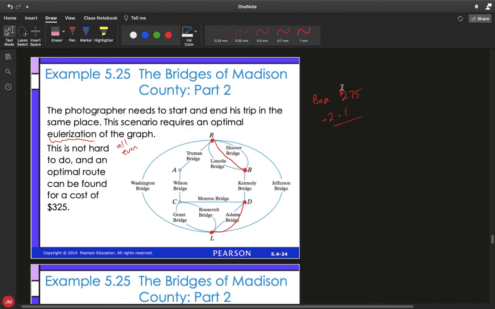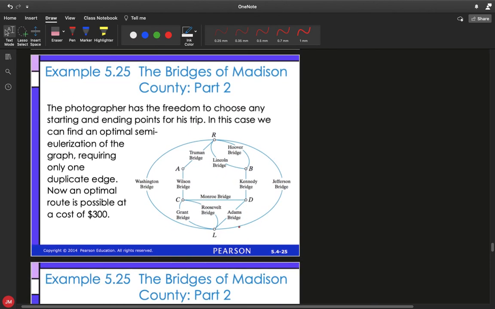If you add 2 multiplied by 25, which is 50, then you're going to come up with a total cost of $325 for an optimal route. So obviously this photographer is going to have to go over the Adams Bridge twice and either the Hoover or the Lincoln Bridge twice. If they're a photographer, they'll probably pick whichever one is prettier, whichever one takes better pictures or has better features, whatever that might be.